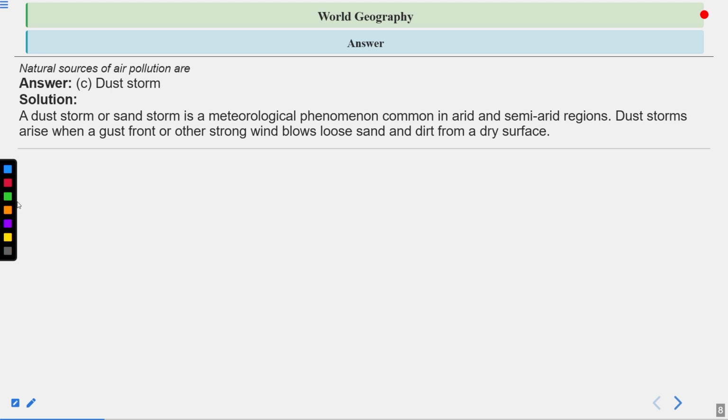A dust storm or sandstorm is a meteorological phenomenon common in arid and semi-arid regions. Dust storms arise when a gust front or other strong wind blows loose sand and dirt from a dry surface, and that creates air pollution. That is a natural source of air pollution. So answer is dust storm.